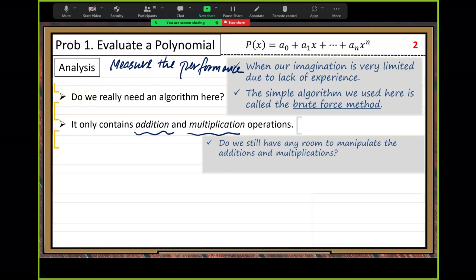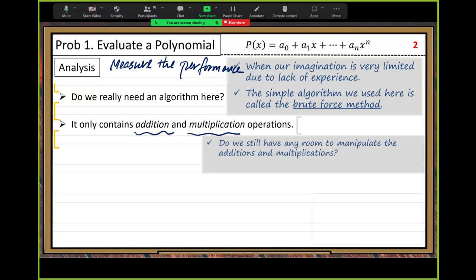Regarding the improvement, you need to change something, right? So you cannot use the old way of doing additions and multiplications. If you use the same way, you won't get improvement, right? So this question means we need to do something different in order to get an improved algorithm.